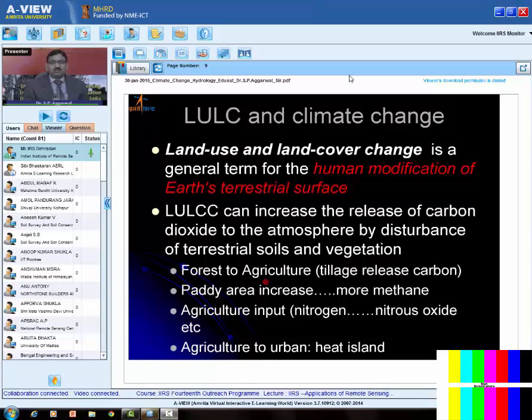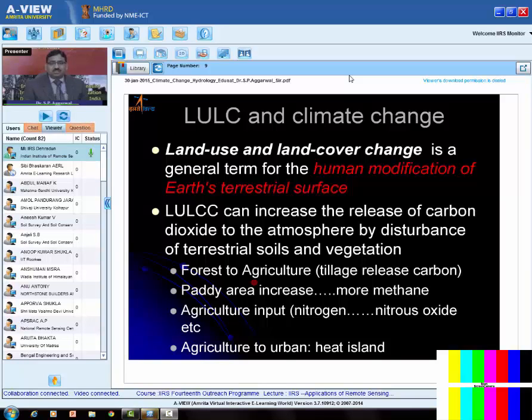Forest is one of the biggest sinks of carbon. So you are reducing it, and once you reduce the sink, a good amount of carbon is available to the atmosphere, so you will have global warming. Second, when you are cultivating land for agriculture, you are tilling. Tilling pulverizes the soil and the soil releases carbon to the atmosphere, so again it is increased.